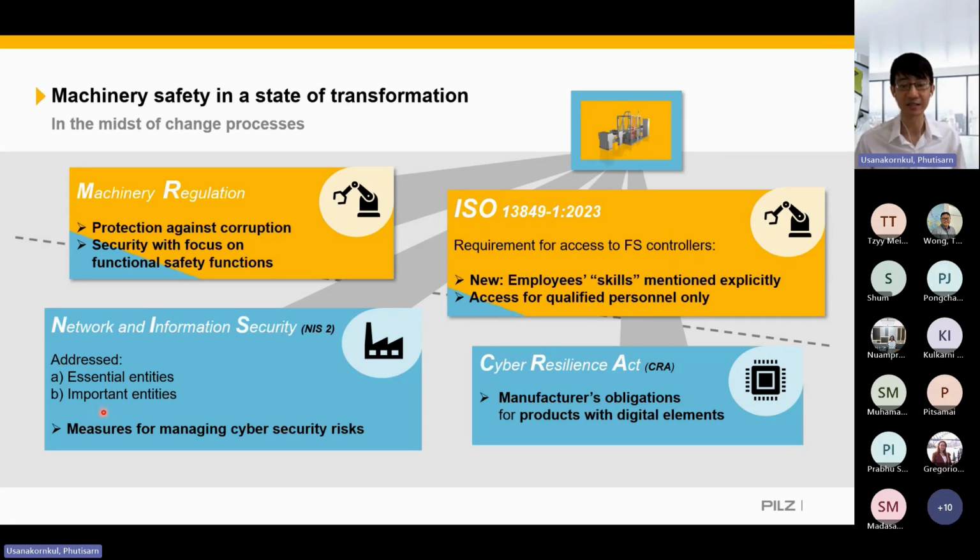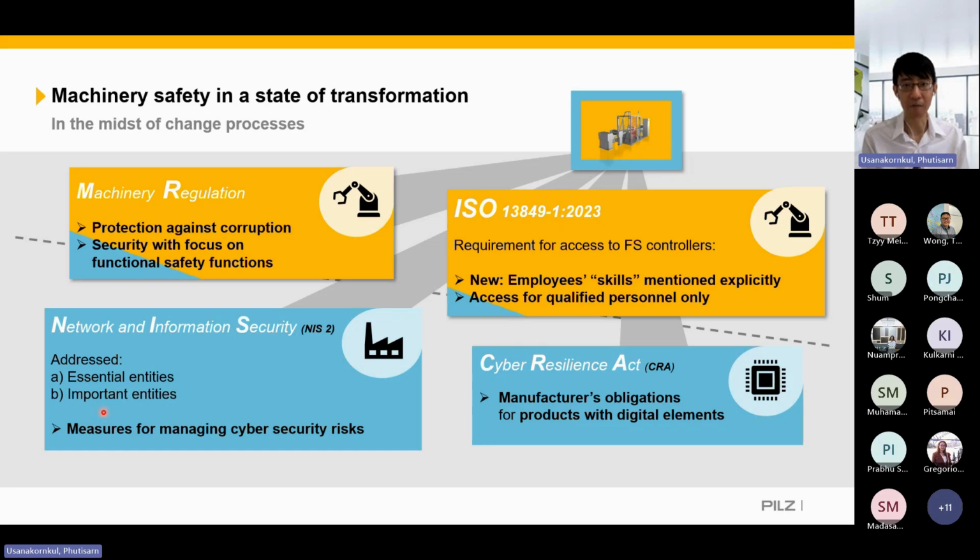Then the last thing is the Cyber Resilience Act. This is a regulation. Basically, if you are a manufacturer of products with digital elements, let's say HMI, safety PLC, safety controller, or programmable safety relays, then you have to follow this act. You have to make sure that your products have a way to prevent security risk.